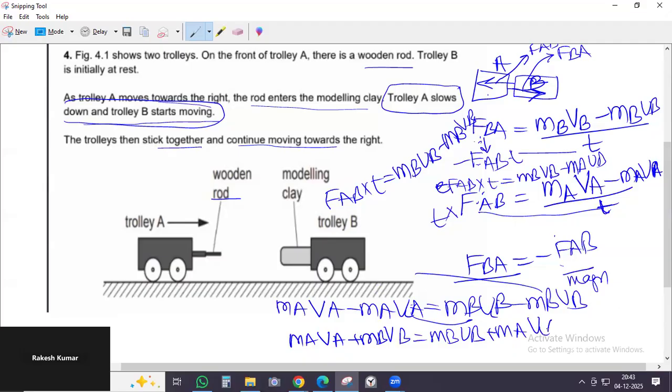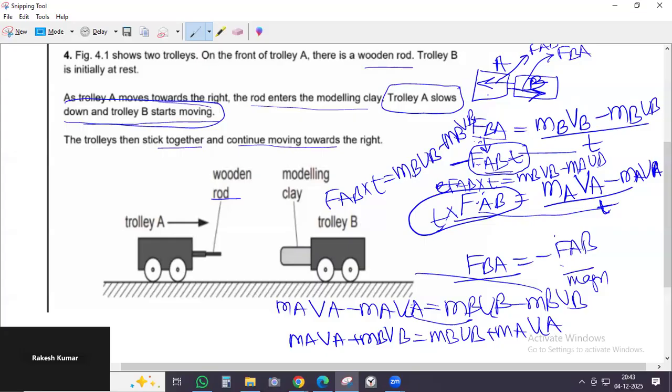Now this is the conservation of momentum principle, but it has come through action and reaction, and also through this term. Notice this is the impulse also. The impulse on one is equal to the impulse on the other, which is the negative of that. The values are the same.